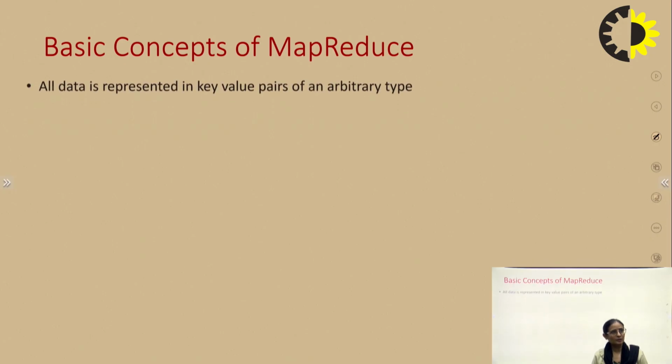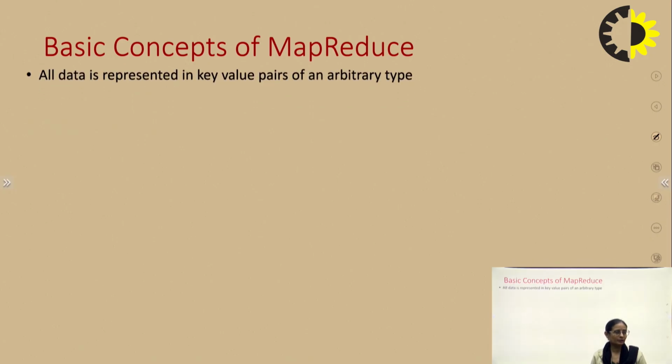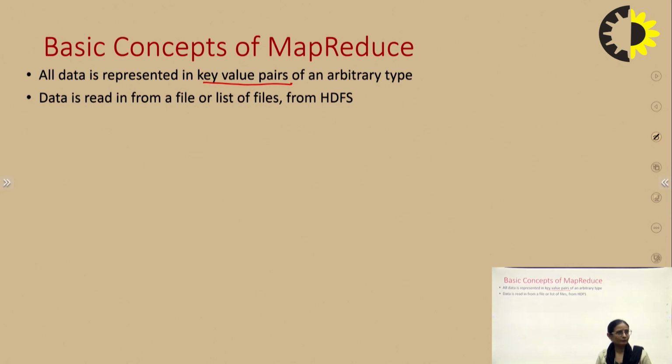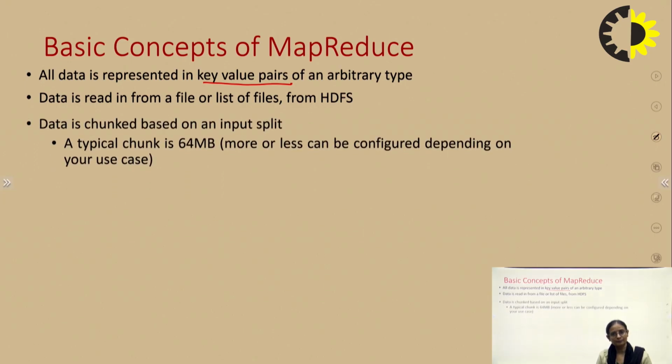So what is the basic concept of MapReduce? All the data is represented in key value pairs of an arbitrary type. With the help of an example, we will see what it implies. Data is read in from a file or a list of files, and maybe these files are residing on a distributed file system, for example HDFS.